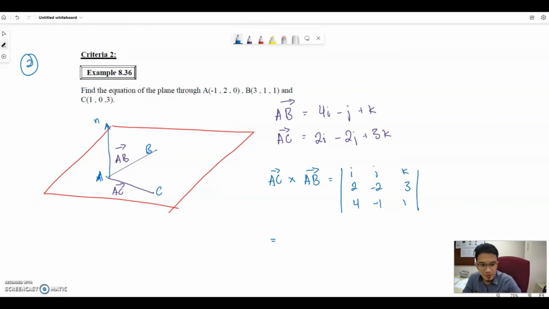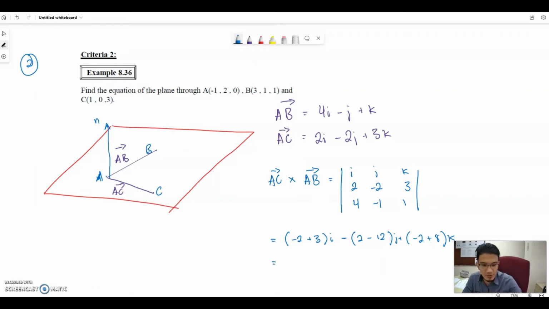Okay, so it is equal to -2 plus 3i minus 2 minus 12, and then plus -2 plus 8k.